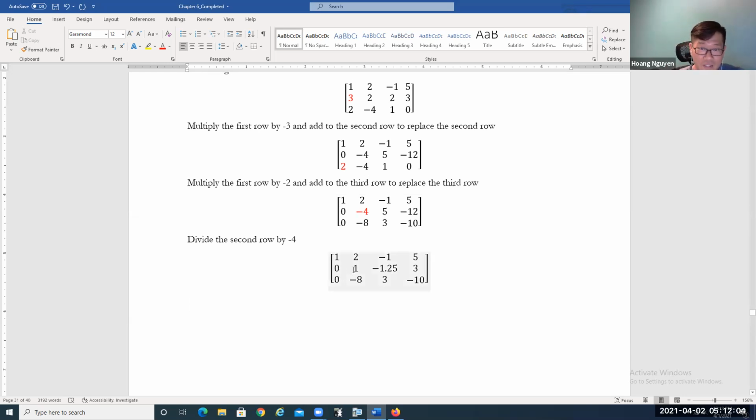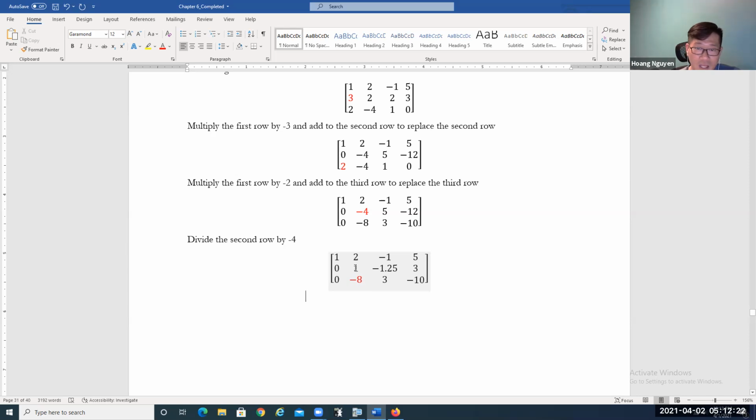Now let's see what's next. We have the second element on the main diagonal already equal to 1, so that's good. Now we want to make the element right under that 0. So we want to make this -8 equal 0.